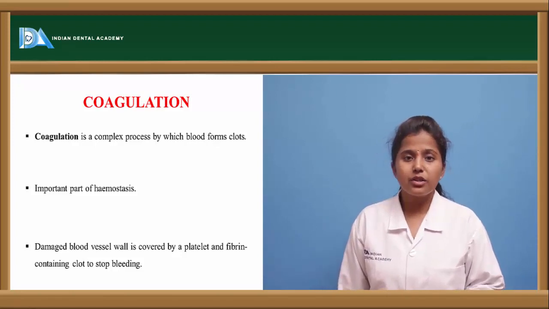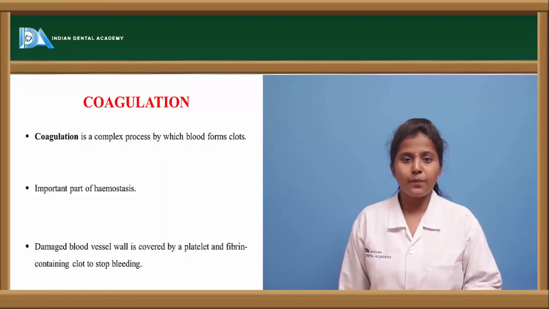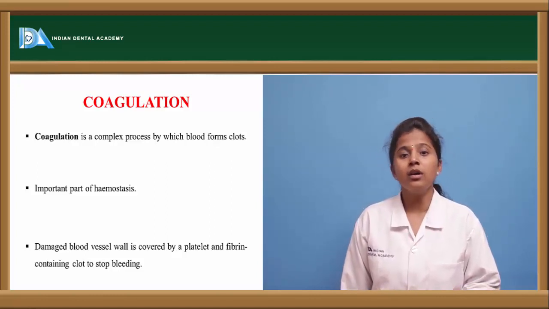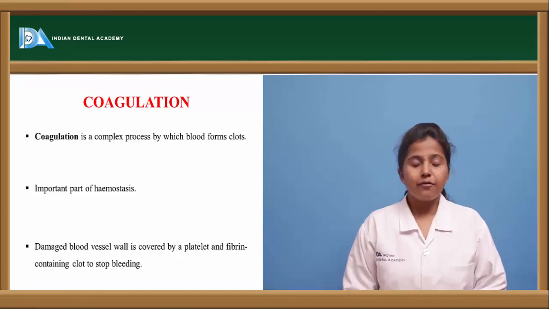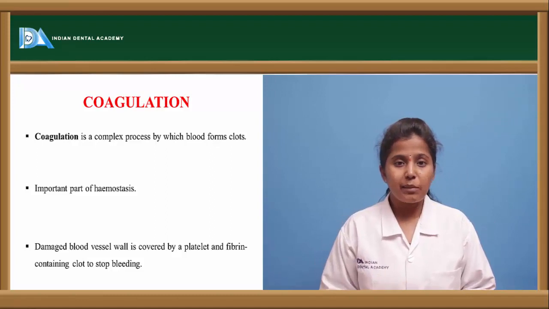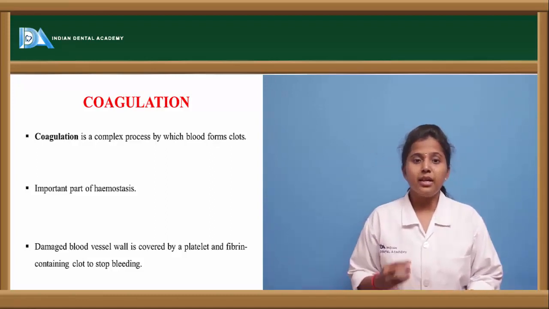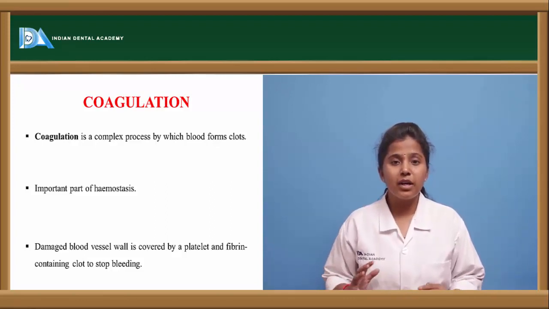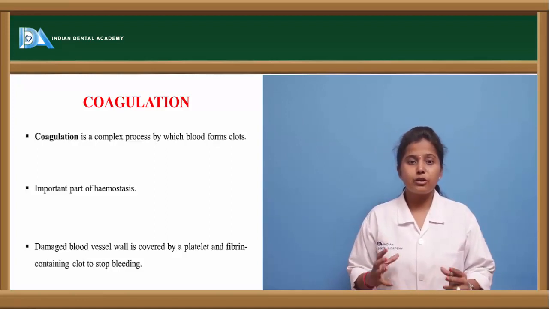So coagulation plays a very important role if there is any damage to the tissue or any excessive hemorrhage occurring in the body or a blood vessel. If there is any damage at a particular site, the damaged blood vessel is covered by a platelet fibrin structure, a net-like structure at the place of injury.